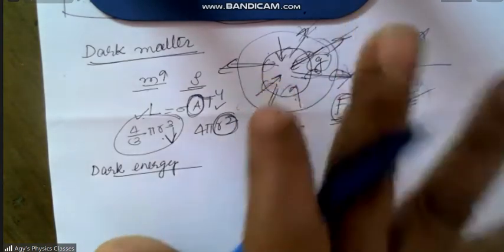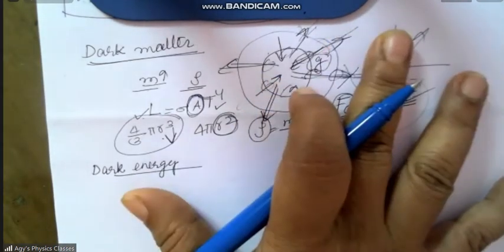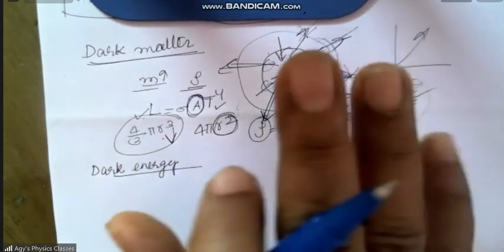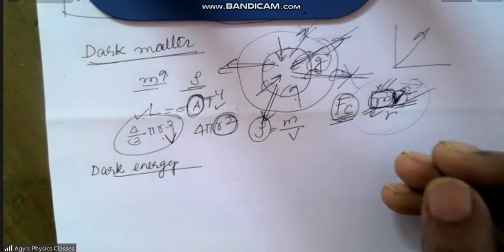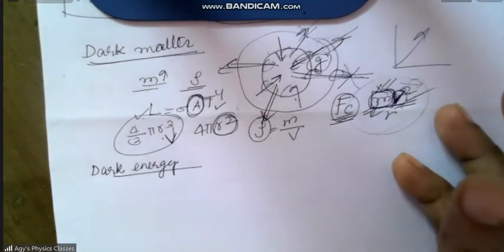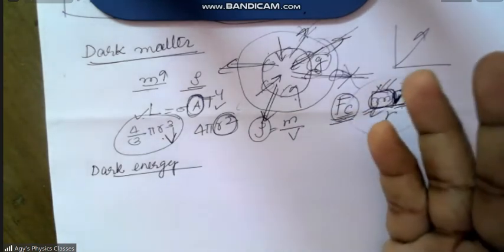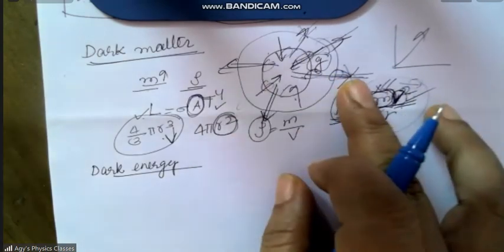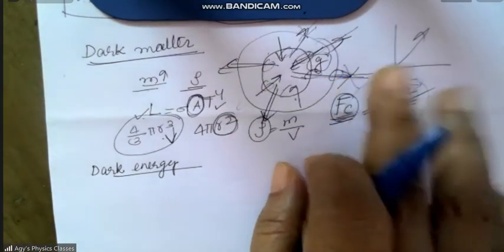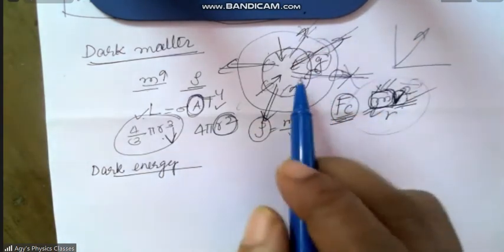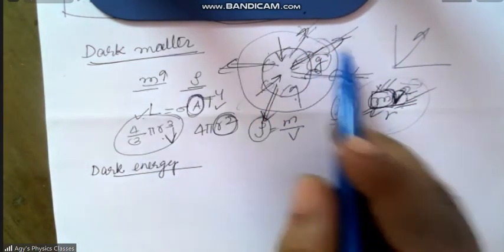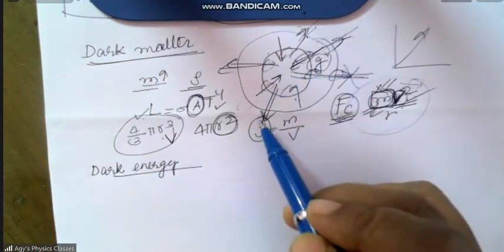Understand? So many of these things are assumptions only. One of the reasons is that it is too far away from us, and the amount of information which we can collect is limited. So most of these conclusions are drawn as assumptions only. Scientists could not find out why the universe is accelerating at a faster rate.